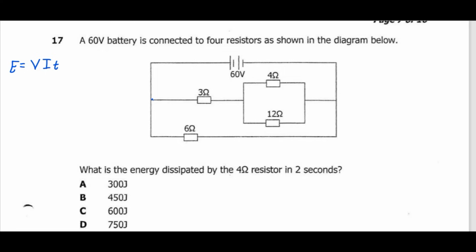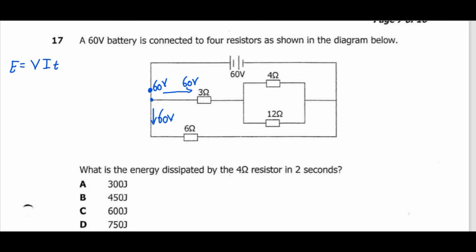So now here we have a combination of connections. So if 60 volts is at this point, remember that in this direction we are going to have 60 volts. Also in this direction we are going to have 60 volts because we know that voltage is equal in a parallel circuit. So we have a parallel connection.